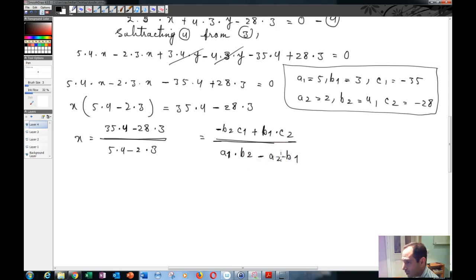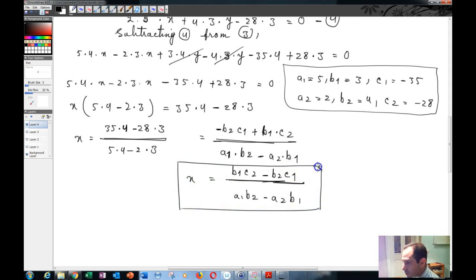Okay, and then I can rearrange this. I can write it as b1 c2 minus b2 c1 over a1 b2 minus a2 b1. So that is basically how you could get to your x.